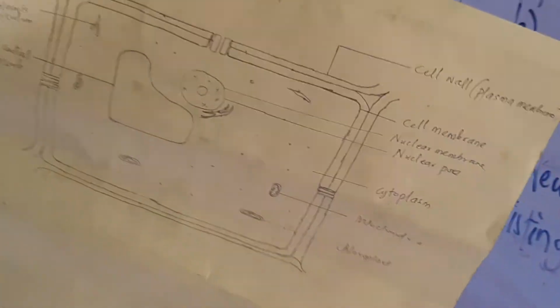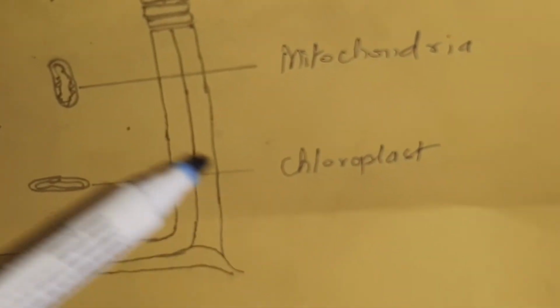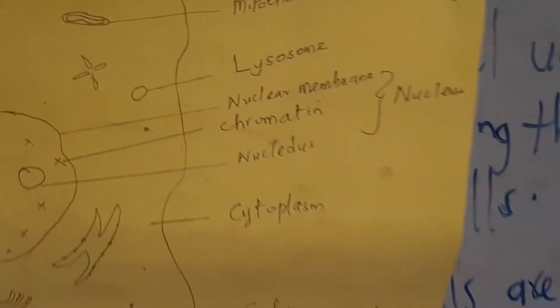Now, another thing we need to talk about. If you observe, we have chloroplasts in our plant cell. See chloroplast here? Chloroplast is present in plant cell, among the organelles. But it's not found in animal cell. See, there's no chloroplast here.